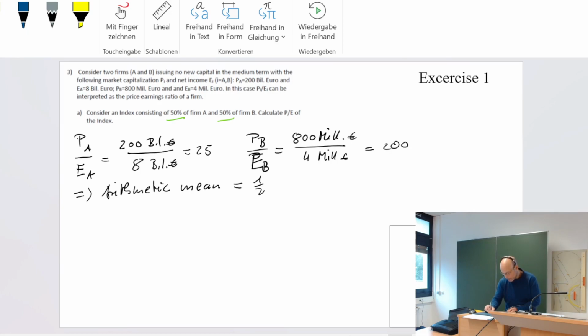It would be 1/2 times 25 plus 200, and this is 112.5. So, would this be a reasonable number for these two firms? Yes, and because we have here this drastic difference, that the one firm is much, much larger than the other one.